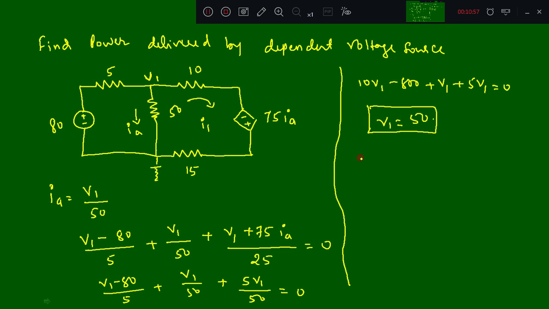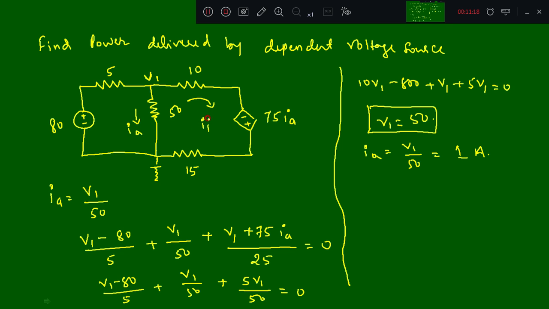Then what is IA? IA is V1 by 50, which is nothing but 1 ampere. Then what is I1 from the diagram?